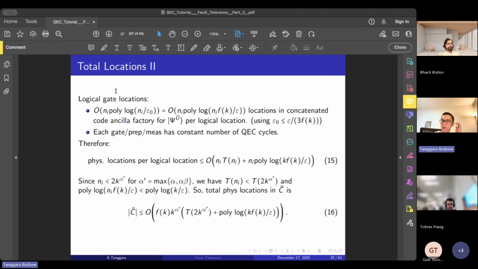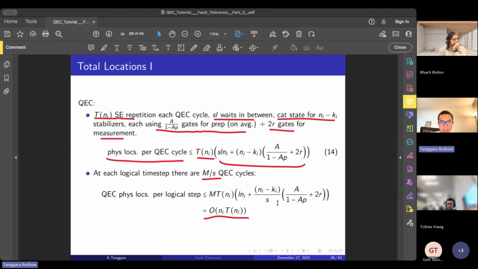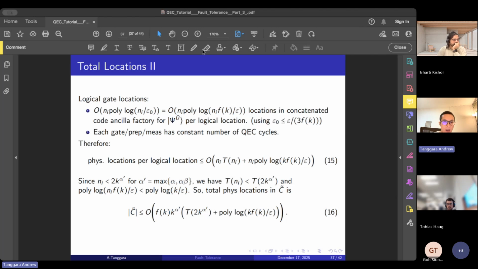Now our logical gates. Between logical gates, we have this QEC cycle, so we use what we got from this. That's the reason why we have this first bit. But we also have this concatenated code circuit, so we have this polylog overhead.